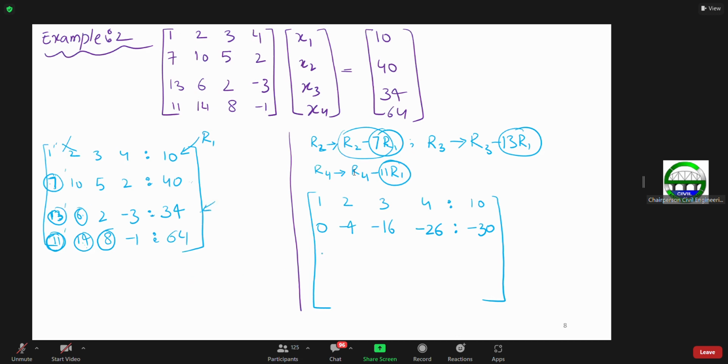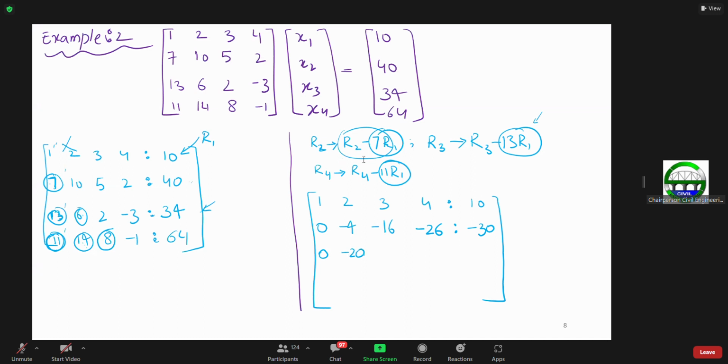So this value will be 0, of course. And then what is this value? We have to apply this row one. So 13 multiplied by R1, 26. So 6 minus 26, yes, minus 20, correct.